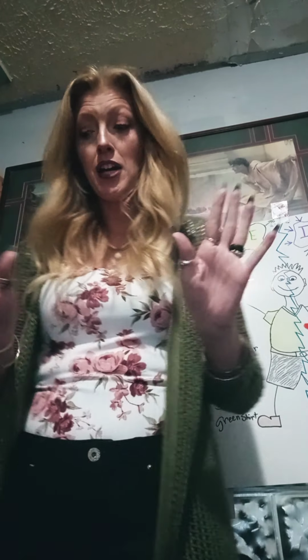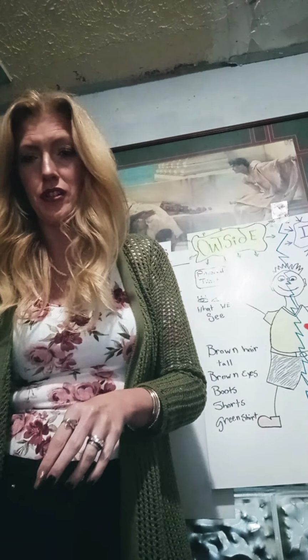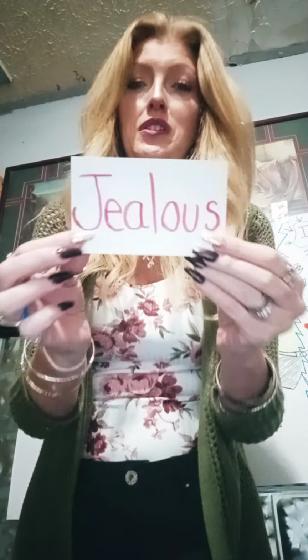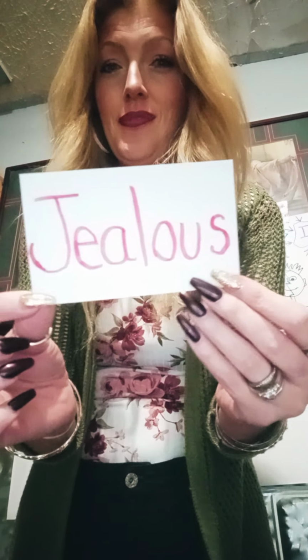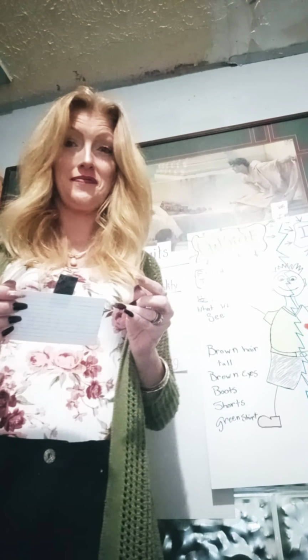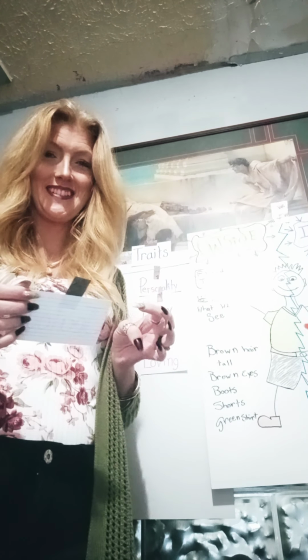All right. We got a couple more. You guys are doing wonderful. Okay. What about this one? This one's kind of tricky. Jealous. Personality. Personality. Awesome. How do you know? It's because it's a feeling. You could still see it on somebody's face, but it's a feeling.